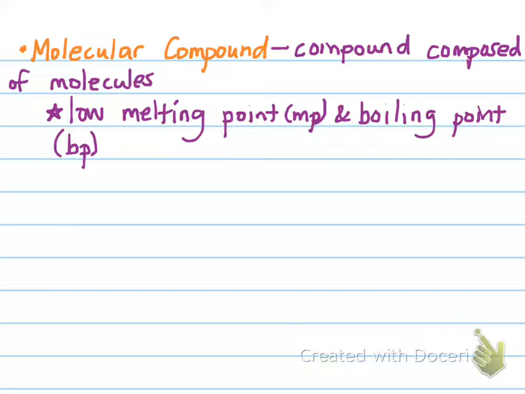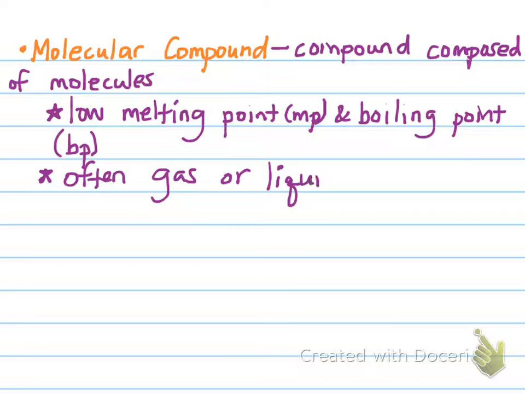Okay, and because molecular compounds have low melting points and low boiling points, molecular compounds are often a gas or liquid at room temperature. So if you have to guess about whether something's a molecular compound without necessarily knowing its formula, if that substance is a gas or a liquid at room temperature, the best guess would be that it's a molecular compound.